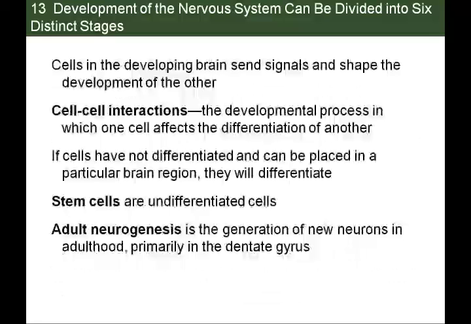The interaction between one cell and another can affect each other's ability to differentiate. When we say stem cell, we really mean an undifferentiated or precursor cell that has not yet determined whether it's going to be a glia cell or a neuron.